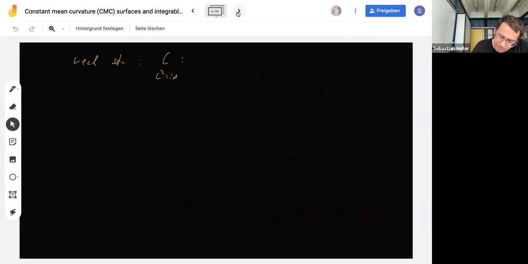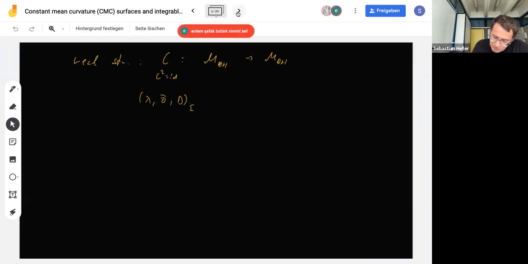And it's a map from the Deligne-Hitchin moduli space to the Deligne-Hitchin moduli space. Basically, it's just given by complex conjugation. So it has a very nice and simple definition. We just map to lambda bar, del bar bar, d bar, and this we consider on sigma bar. We just take the bars.